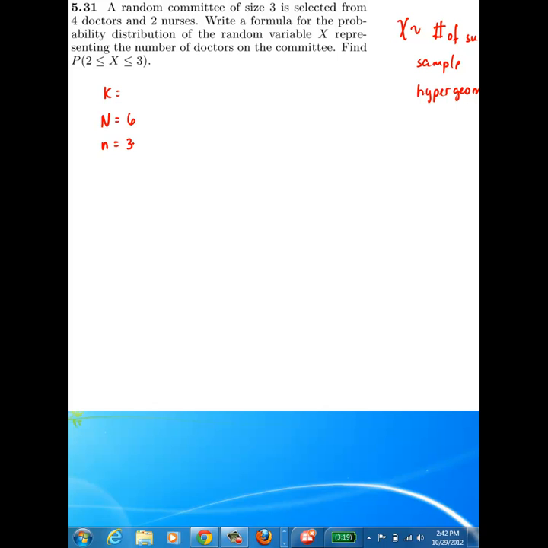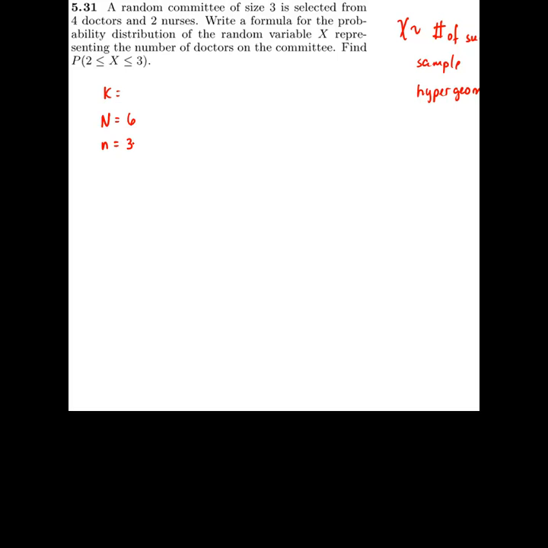And how many of those 6 are categorized as successes? 4. Okay? So you have 4 doctors among the 6. And the question is the probability of the random variable x representing the number of doctors.